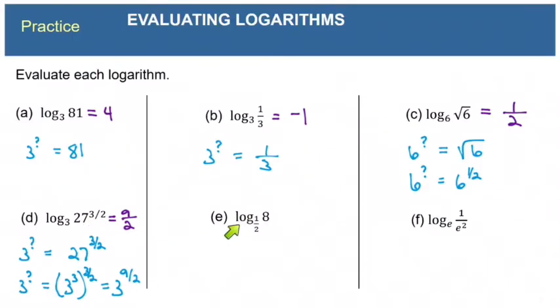Here's part E. It says log base 1/2 of 8. So the base is 1/2, and we are looking for the exponent of 1/2 that would produce an 8. In other words, 1/2 to what power equals 8? Well, if you think about it, we know that we're going to have to do a reciprocal of 1/2 to get our 8 here.